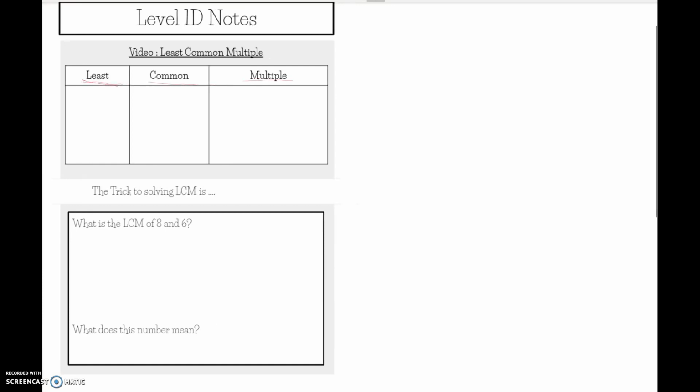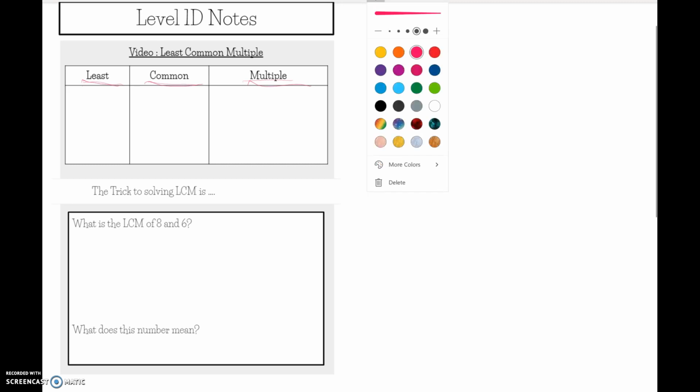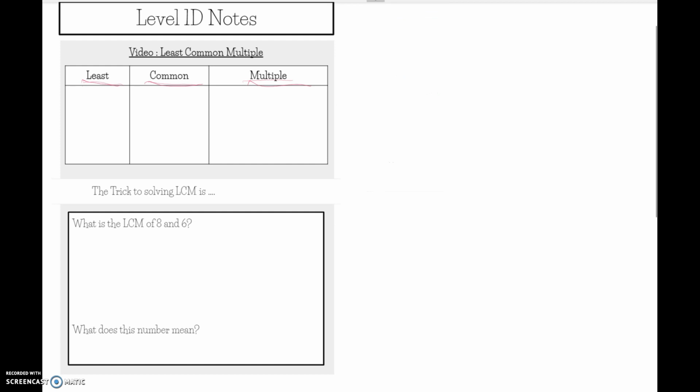So least common multiple. When we're looking at those, we're talking about a multiple, which is a little different than a factor. A multiple is when we're multiplying two numbers together, and whatever answer we get is called the multiple. Whereas factors are the numbers we're multiplying together, the multiple ends up being the answer.